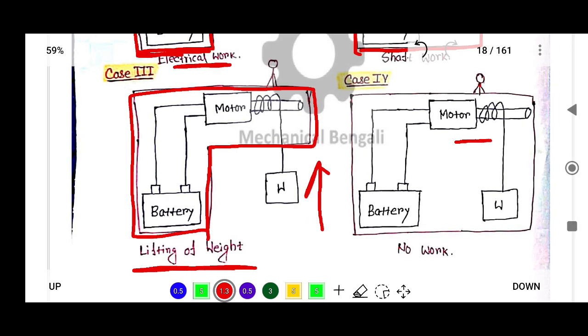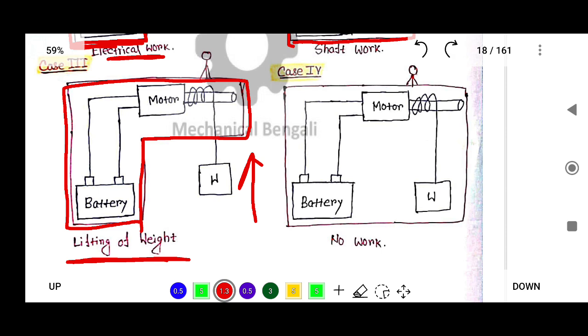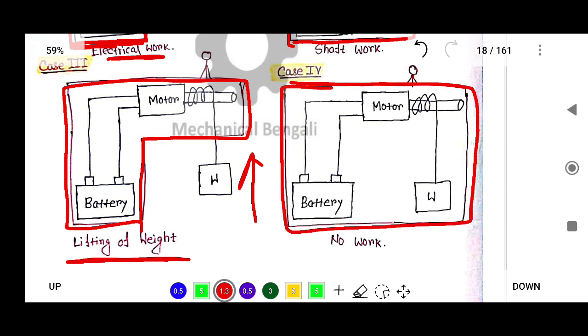And if you consider the whole system as your boundary, then you cannot see anything, so there is no work. So work basically depends on your system boundary.